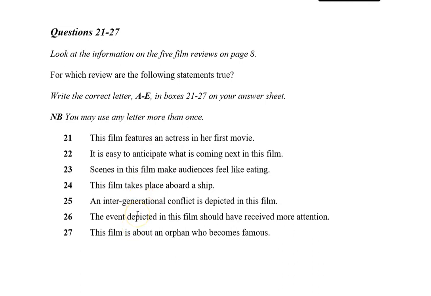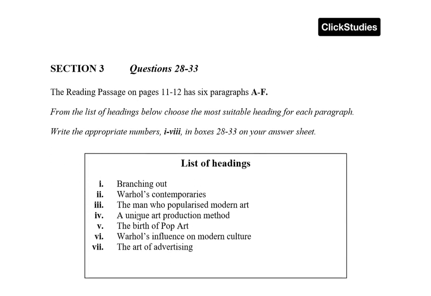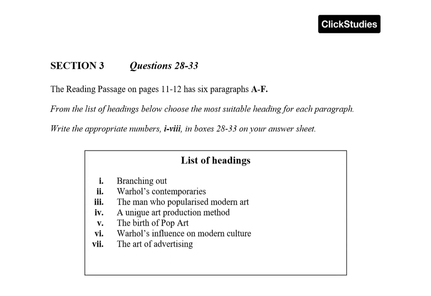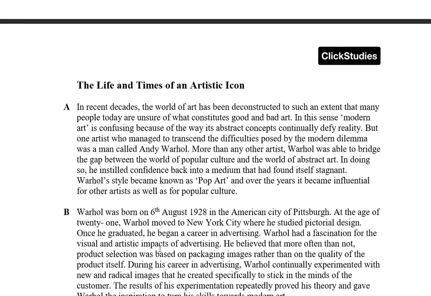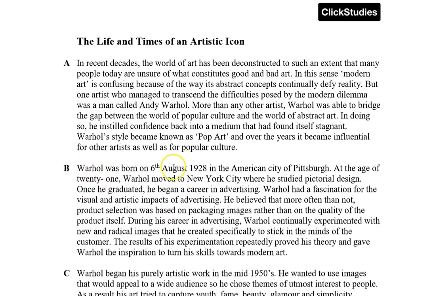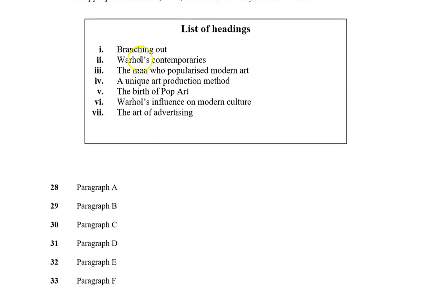Importantly, we're not really going through and answering the questions right now, we're just trying to look at the different question types. If we go to the next one, 28 to 33, that's matching headings. You can see we've got a list of headings and we have an article, but we don't have any headings actually on the article. So how would it logically go that we would put these words onto the heading?